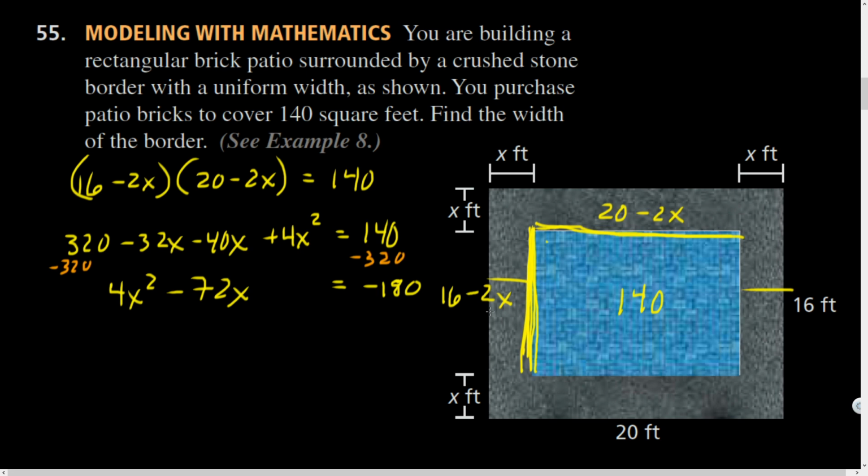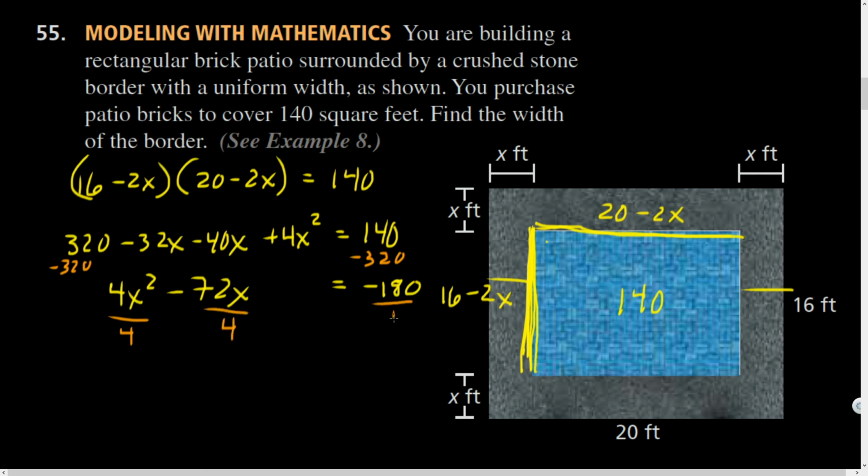Negative 180. Now, I could go and factor out a 4 from these two terms. I could steal that 4. But I think everything, including over here, is divisible by 4. So I'm going to divide everybody by 4.